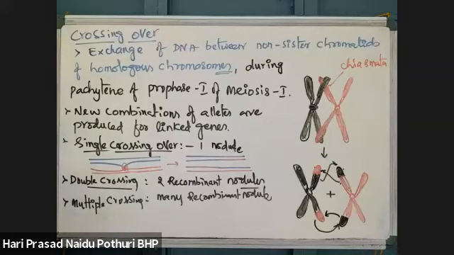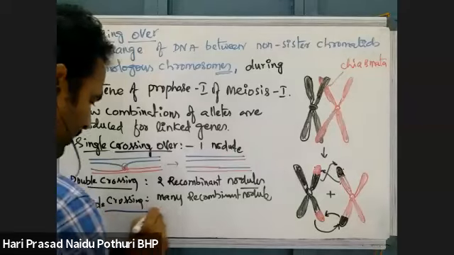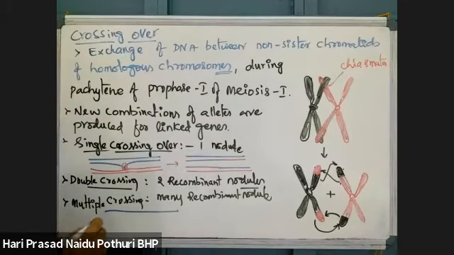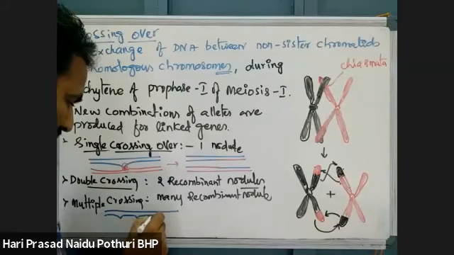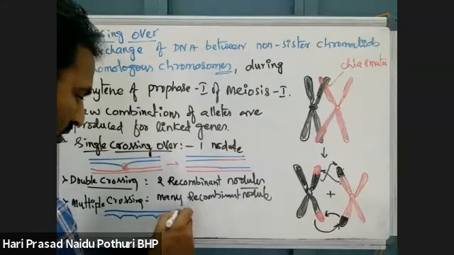Just see now. Suppose this is one chromosome, and non-sister chromatids are showing recombinant nodules like this.